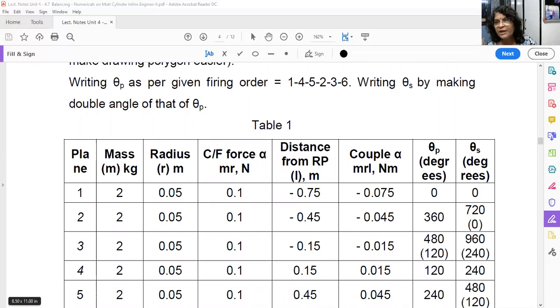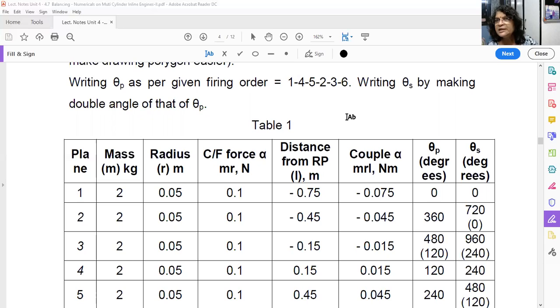So cylinder number 5, 240. Then cylinder number 2, 240 plus 120, 360. Then cylinder number 3, 360 plus 120, 480. So 480 minus 360, it is basically 120 angle.